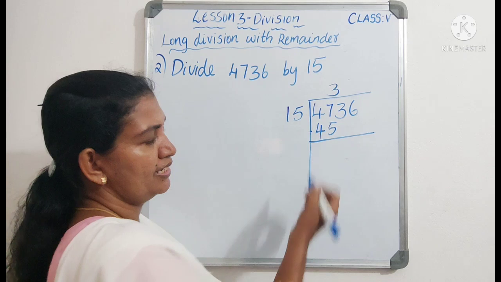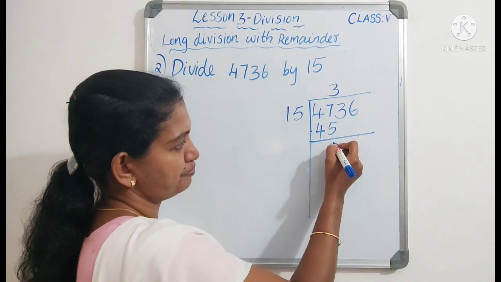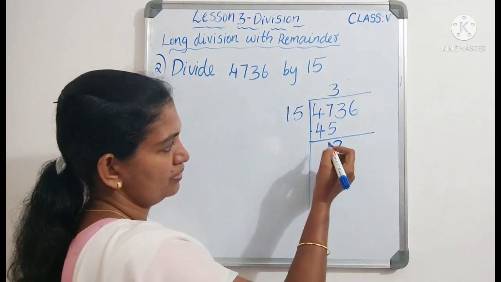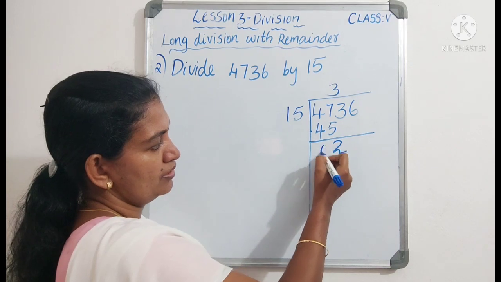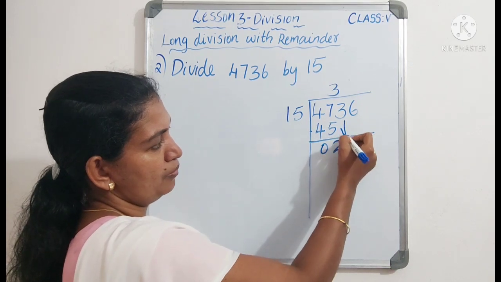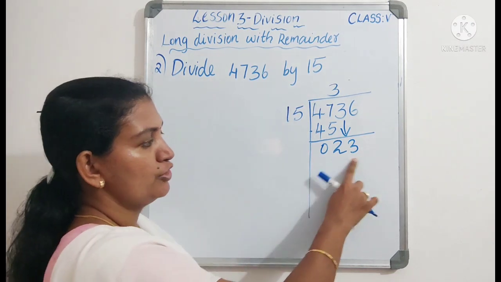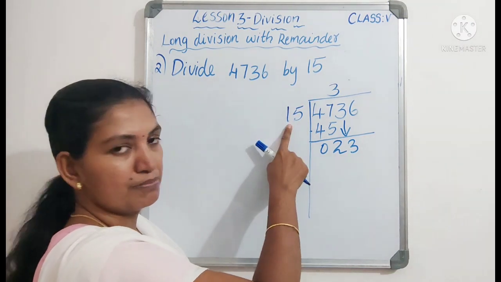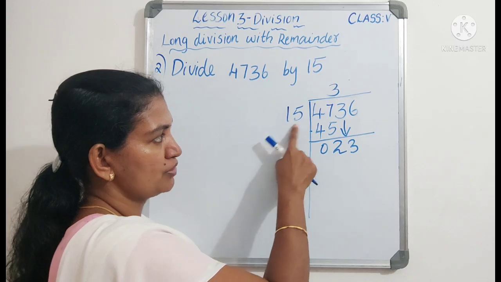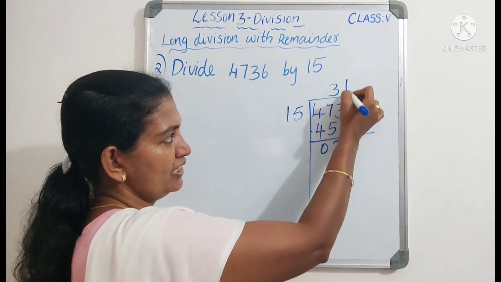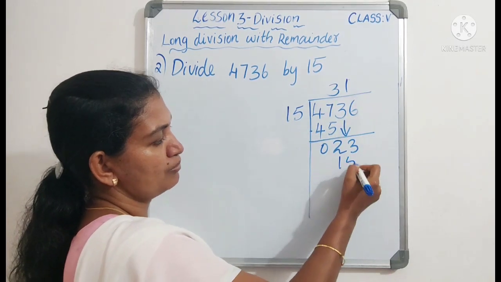Next digit, bring down, 23. Next you have to check in 23 how many times 15 comes. We know that 1 time 15 comes in 23.